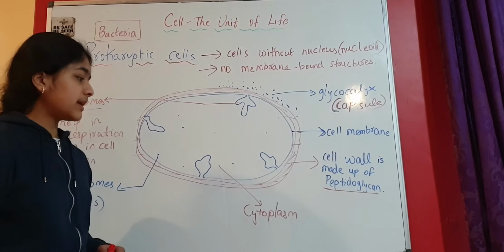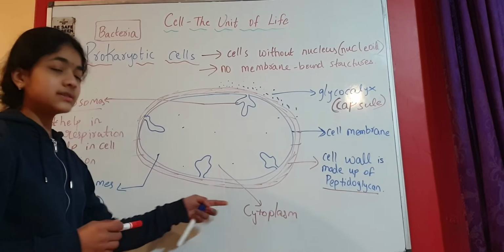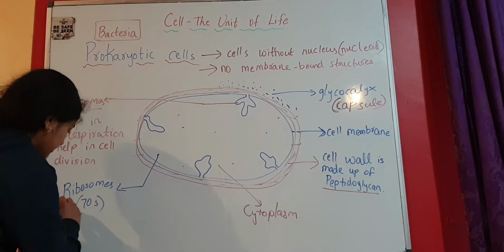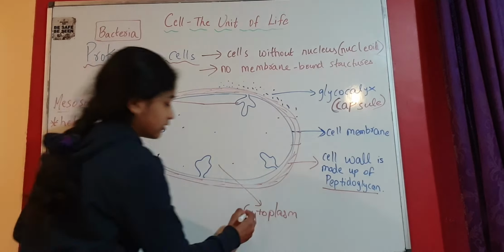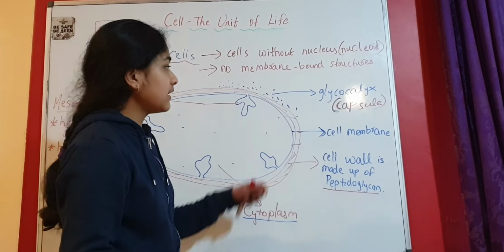Here in the cytoplasm glycolysis happens. Many chemical reactions happen basically in the cytoplasm. So mesosomes, ribosomes, cytoplasm, cell wall made up of peptidoglycan, cell membrane, and glycocalyx.